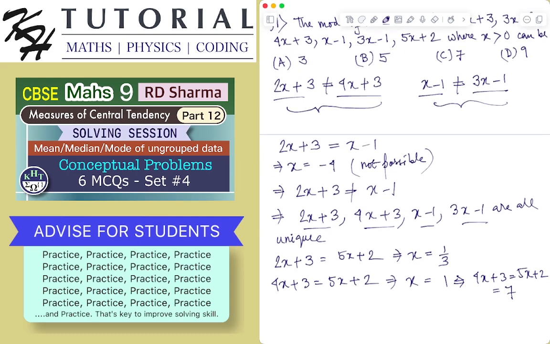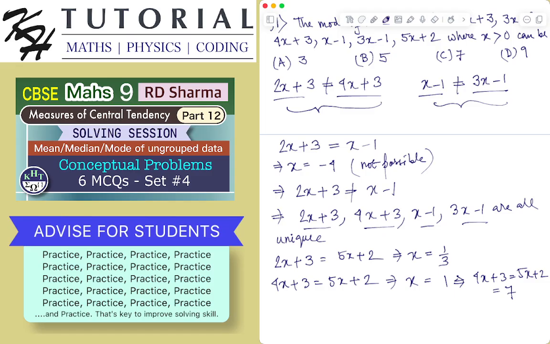So if x is equal to 1, we have two occurrences of the value 7, because 4x plus 3 and 5x plus 2 will both be 7. So 7 is a possibility.